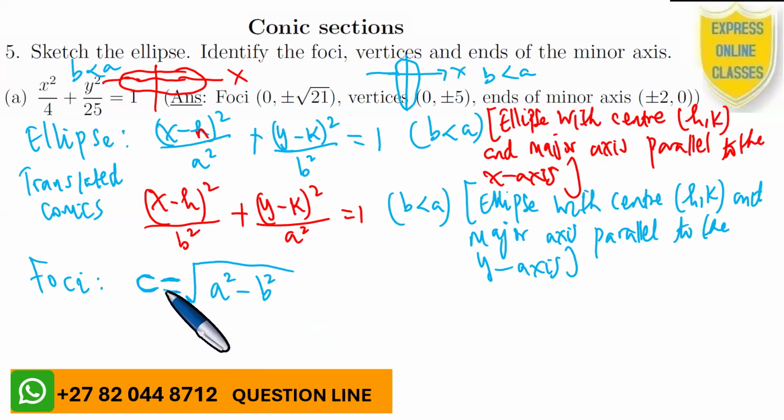If this is the case, we continue with our analysis of these. So that is the formula for the foci.